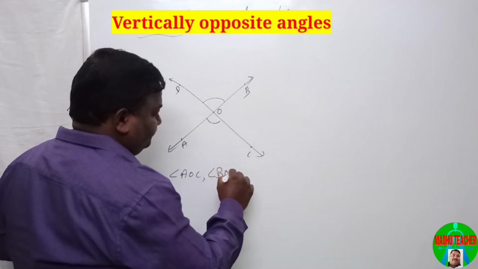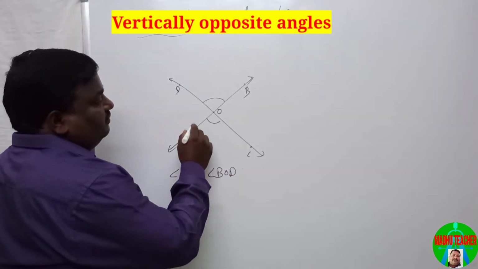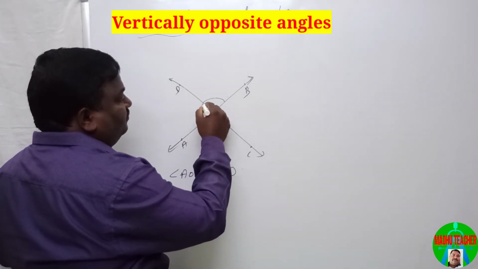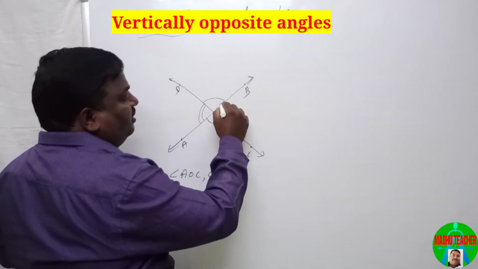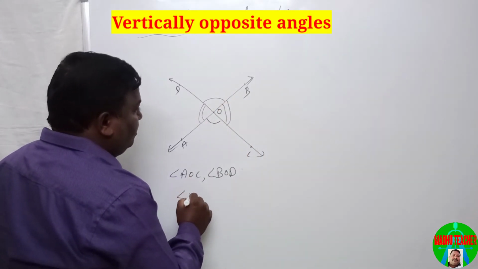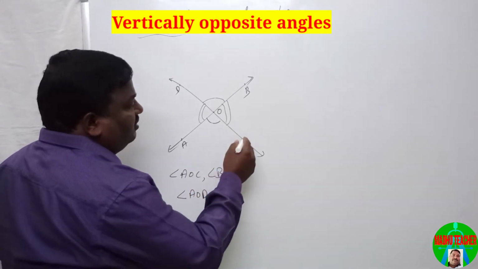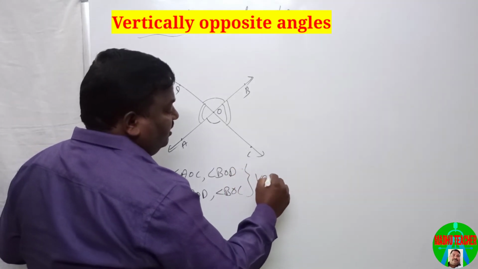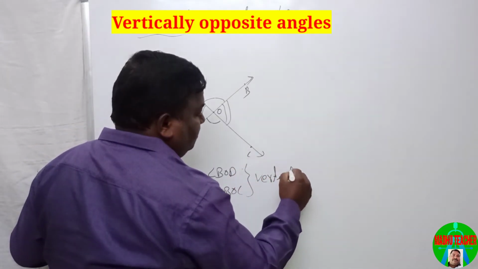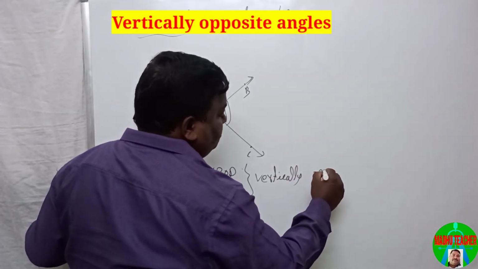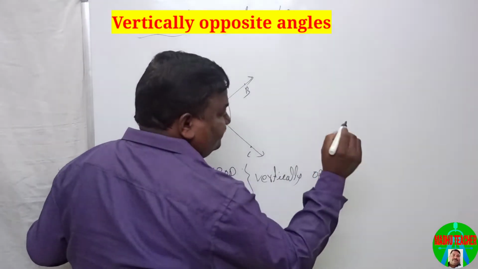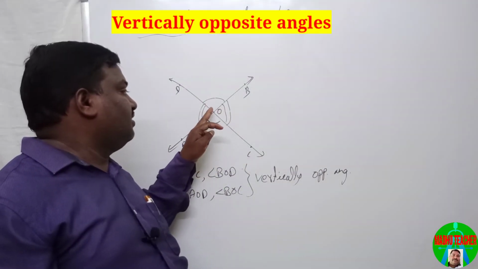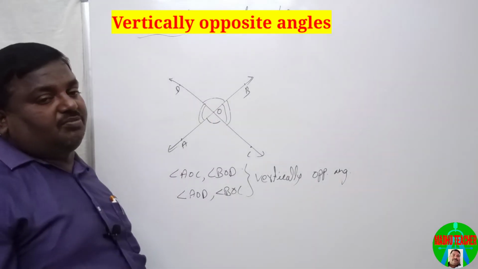Also these two, angle AOD and angle BOC, are vertically opposite angles. Vertically opposite angles have a common vertex.